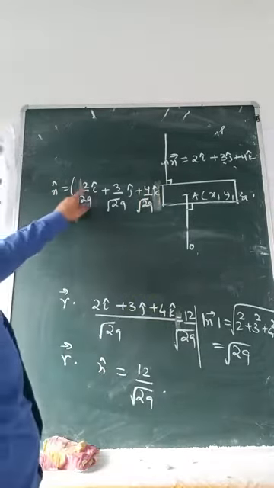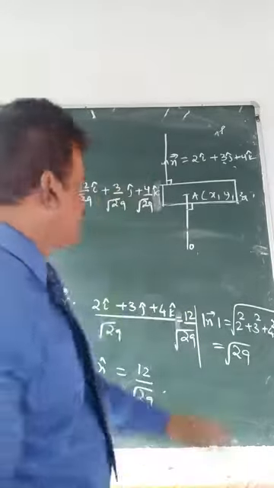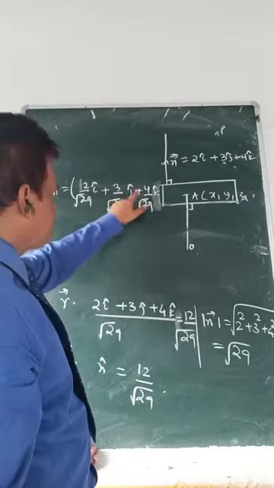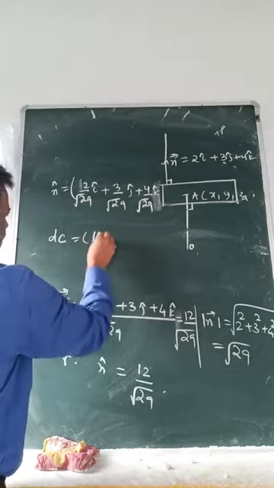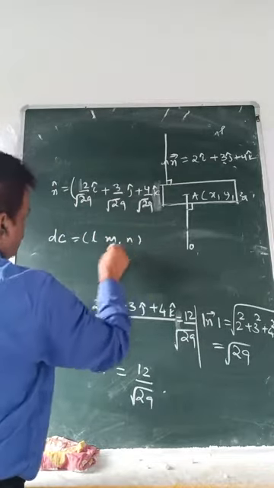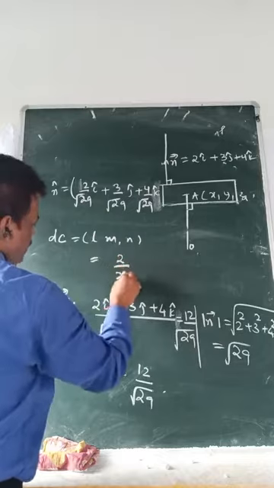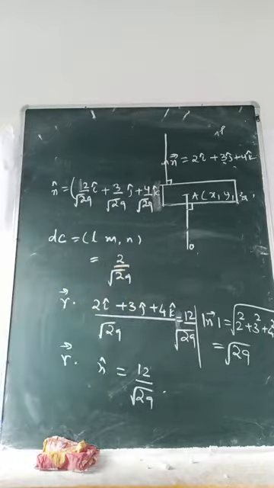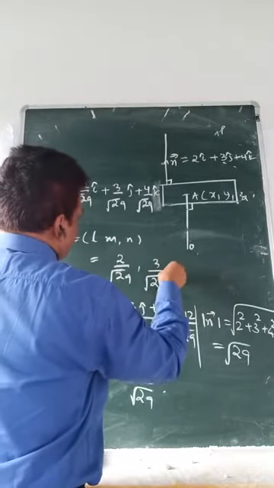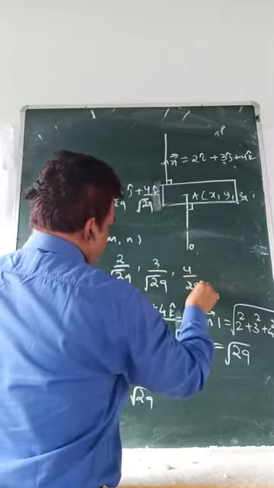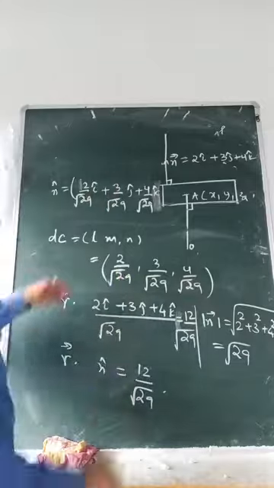When it is a unit vector, these components become the DCs. So the direction cosines are 2 by root 29, 3 by root 29, 4 by root 29. So what did you find from here?